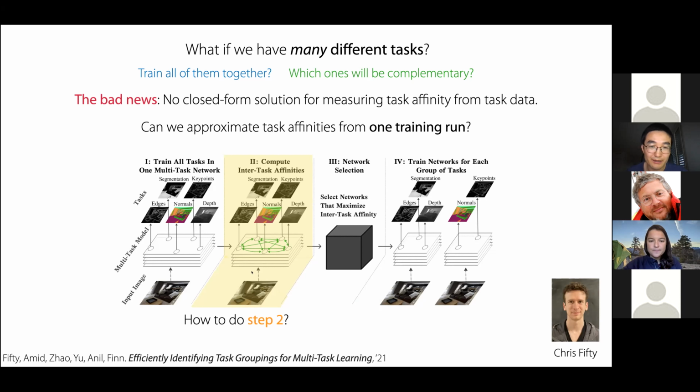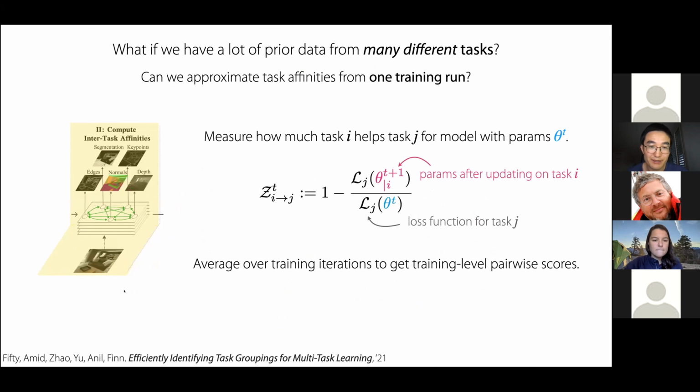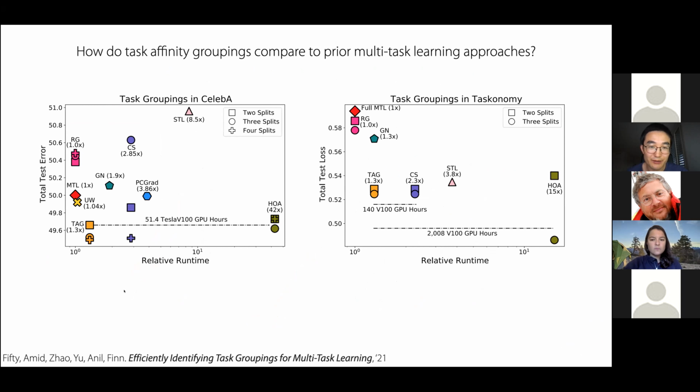Yeah, there's a further question regarding this. Do the retrieved affinity scores agree with previous studies, such as taskonomy? Yeah, so insofar as it's performing similarly to the affinity scores from the taskonomy paper, which is HOA, then I think it's probably agreeing.